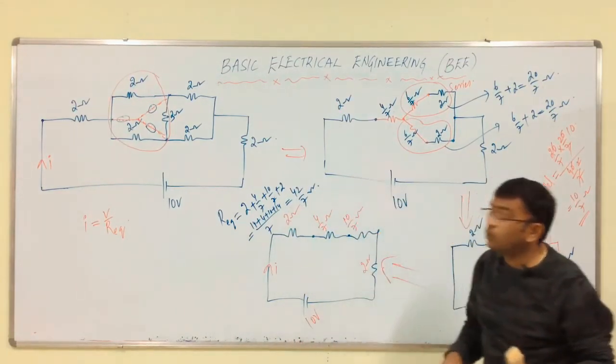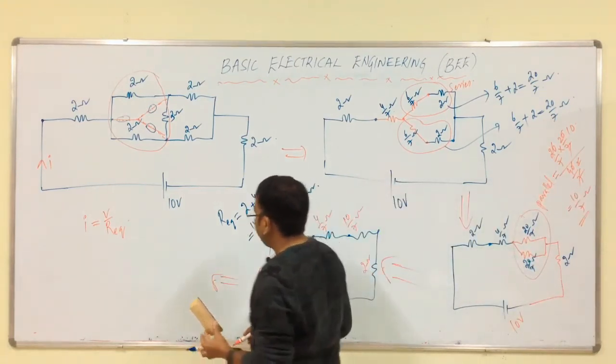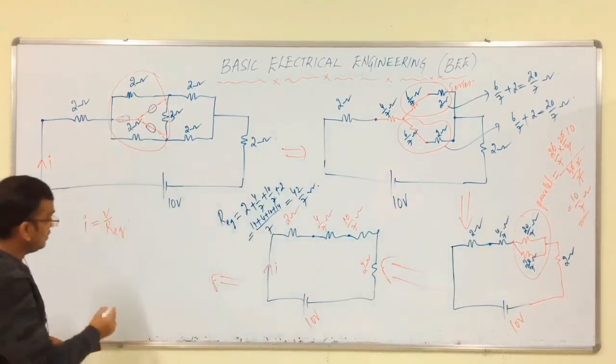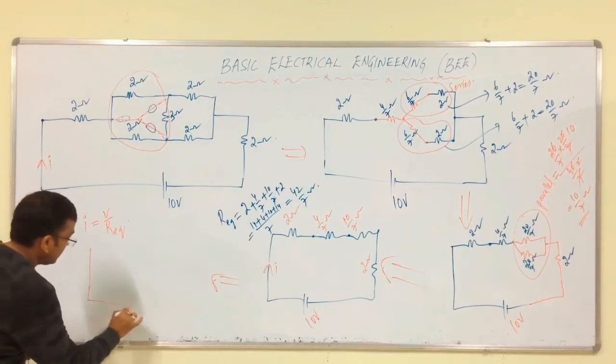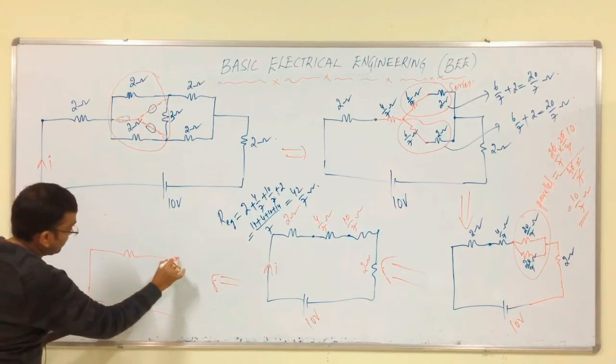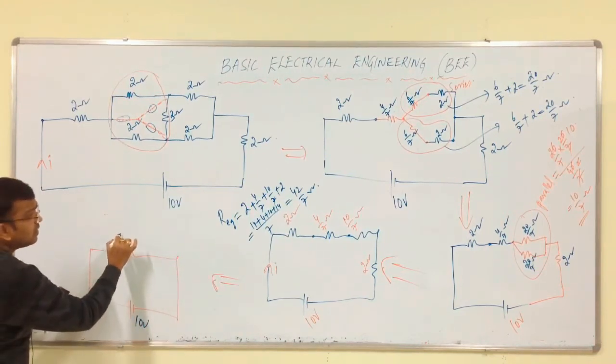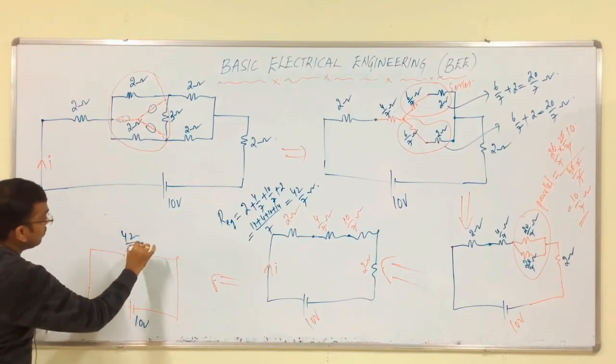Finally, we got 42 by 7. Then the circuit becomes this is given 10 volts and we got 42 by 7 ohms.